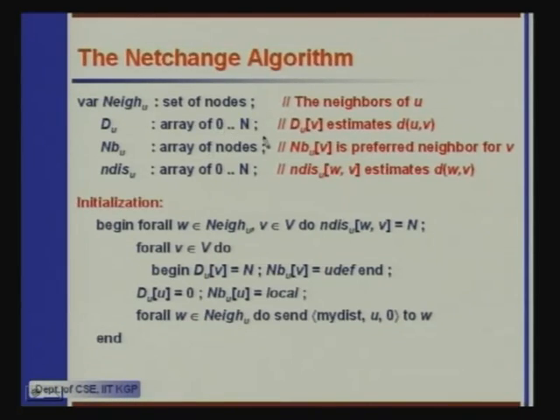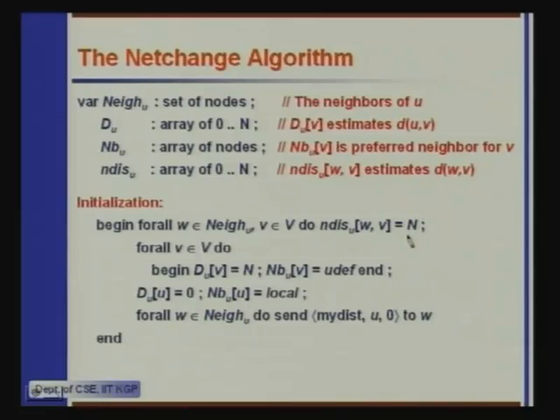Because we have n nodes, and if we go by the minimum hop distances, that can be at most n minus 1. So, between no pair of nodes can the distance be n. If there are n nodes in the network, then for any reachable pair of vertices, the minimum hop distance is going to be less than n. So, when we say equal to n, we are saying that these are unreachable vertices.